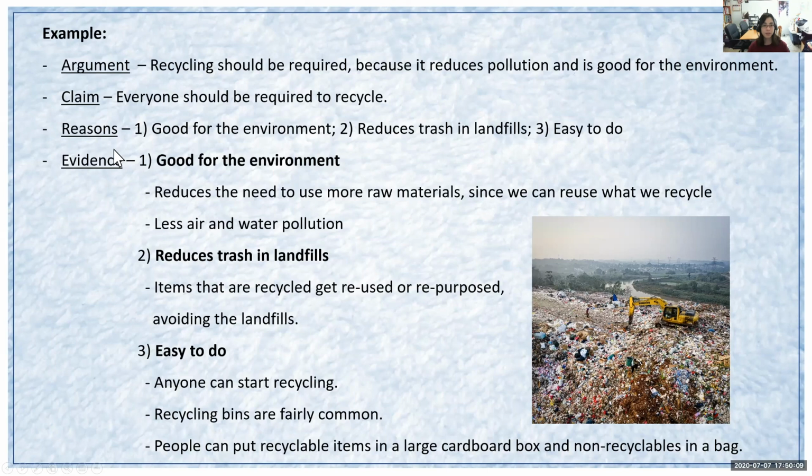Then I provided 3 reasons for why everyone should be required to recycle, which is that it's good for the environment, reduces trash in landfills, and is easy to do. And finally, I provided some evidence for each reason. So I had this evidence to support this reason, this piece of evidence to support this reason, and these 3 pieces of evidence to support this reason. So again, evidence is found through research or informational books, those kinds of main sources.